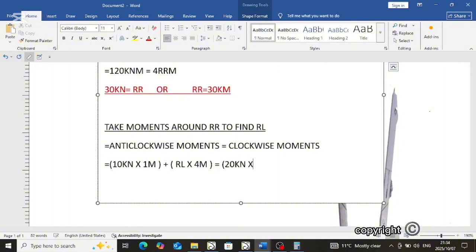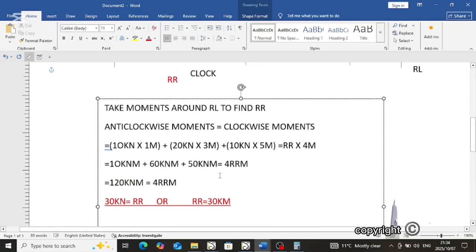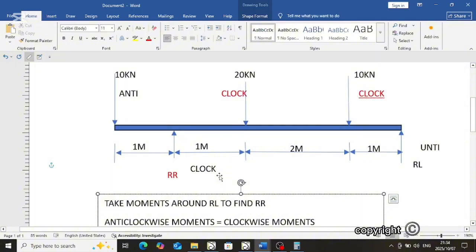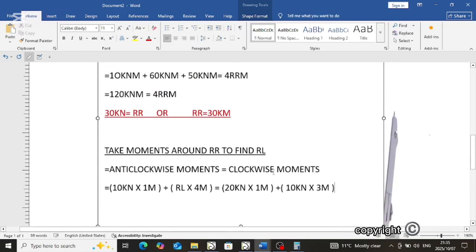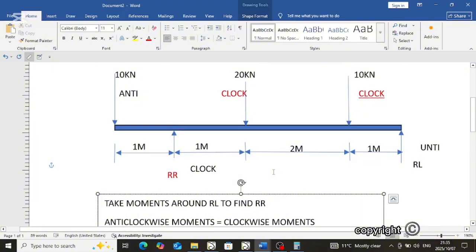Okay, let's check the clockwise moments. We have 20 multiplied by the distance. Our distance is 10 meters, plus 10 kilonewton multiplied by the distance.